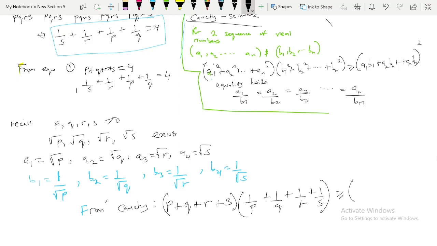So A1 times B1 is root P times 1 over root P, which is 1.